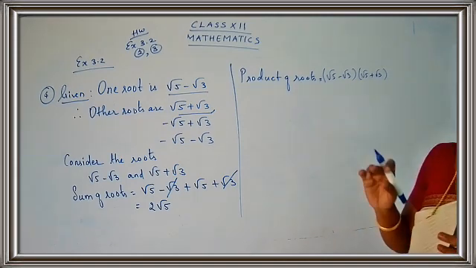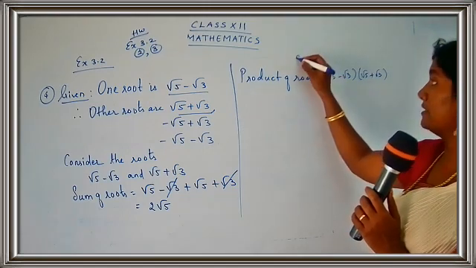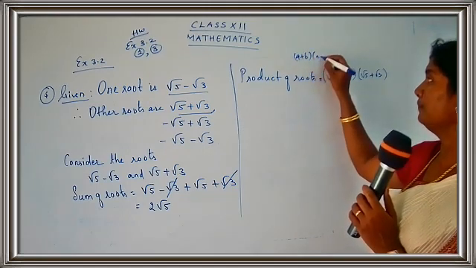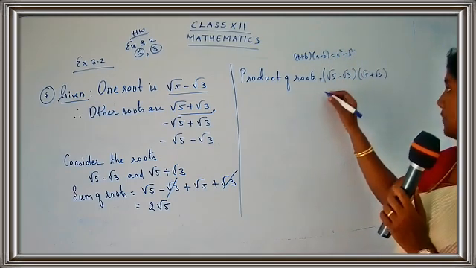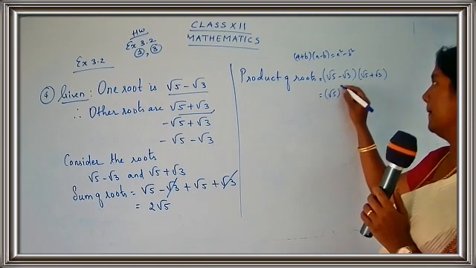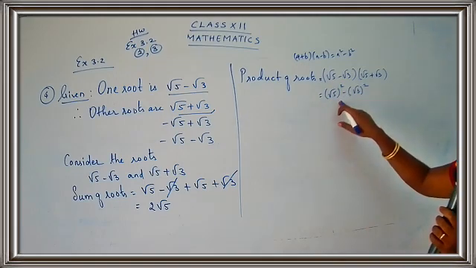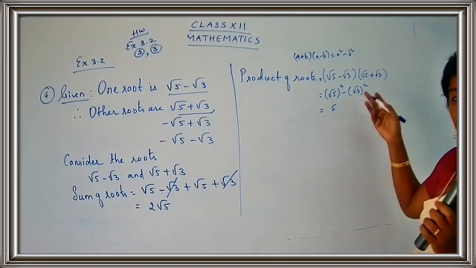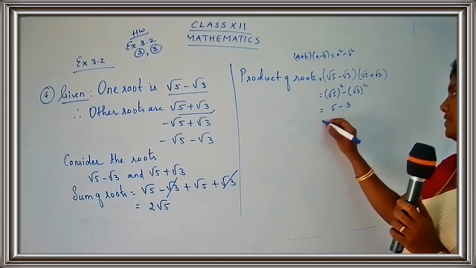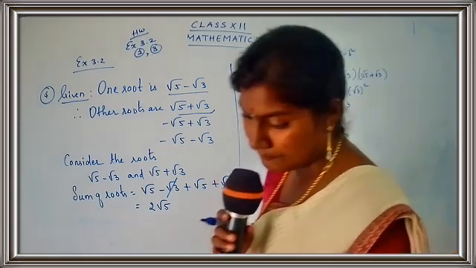You can just use the identity a plus b into a minus b gives a square minus b square. So root 5 square minus root 3 square. Root 5 into root 5 is 5, root 3 into root 3 is 3. So 5 minus 3 is 2. The product of roots is 2.